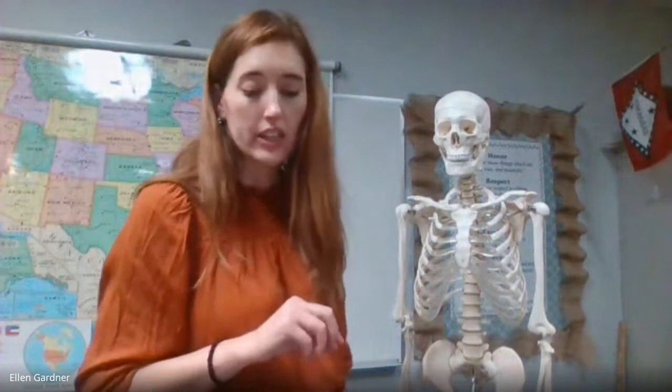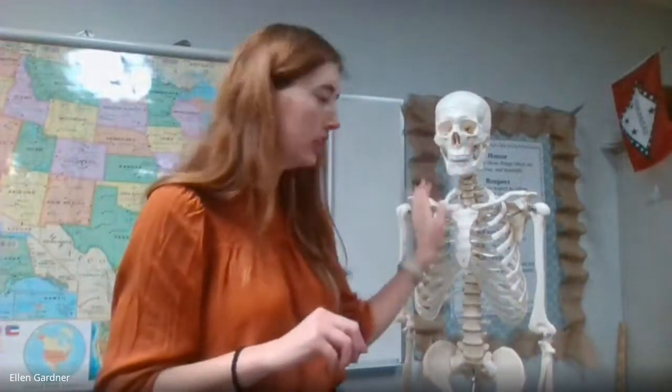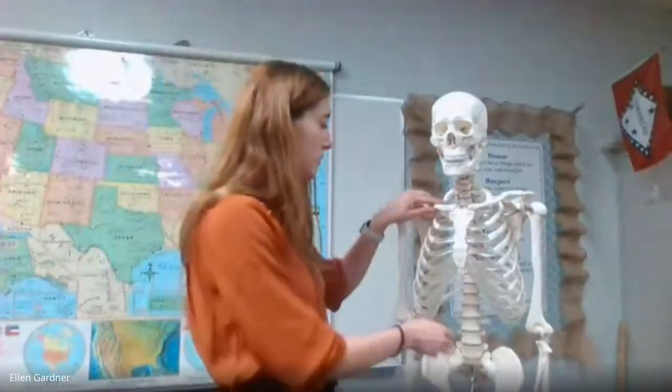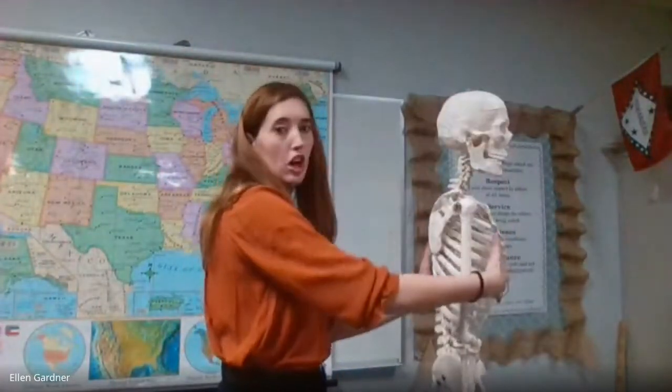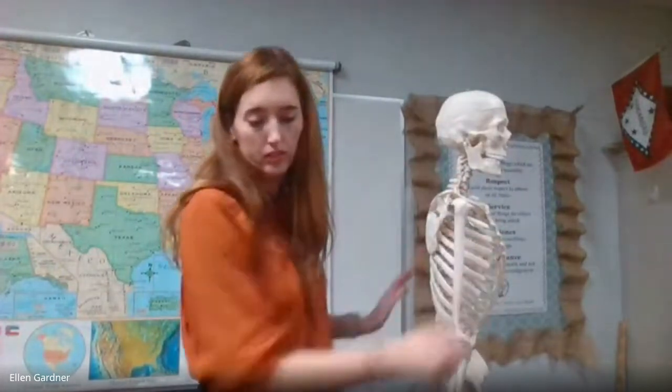Now, the skeleton can be divided into two parts: the axial and the appendicular skeleton. The axial skeleton consists of such bones as the skull and the ribs, the sternum, and the spinal column. So right around the top part of your body.